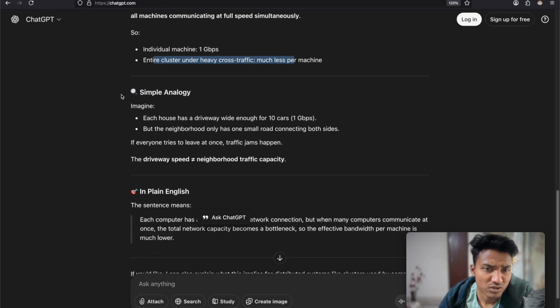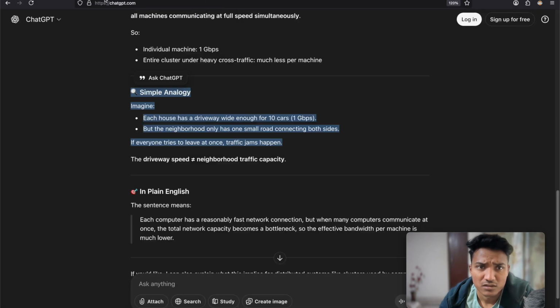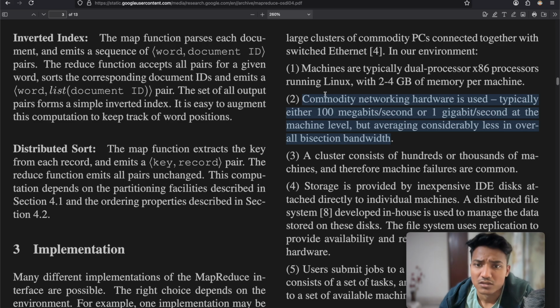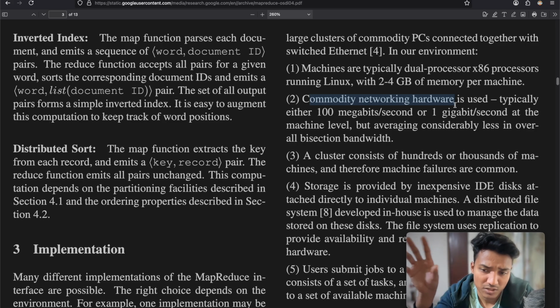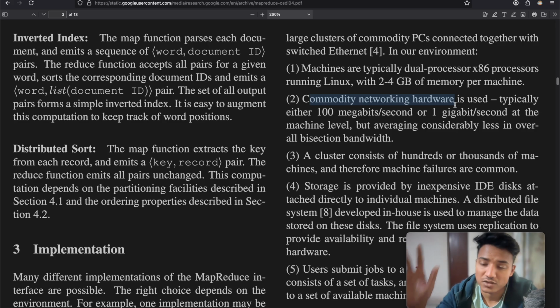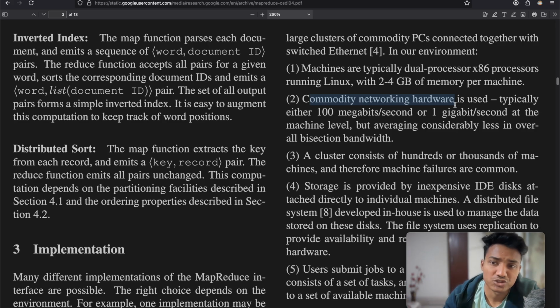Okay, so I don't need to probably understand the analogy, I get it. They are saying that first of all they are using commodity hardware, so that's something I understand. They are not using the most top-of-the-line expensive stuff, relatively cheaper options.